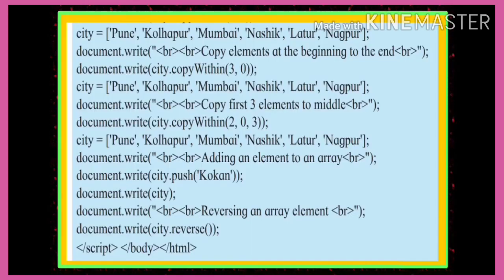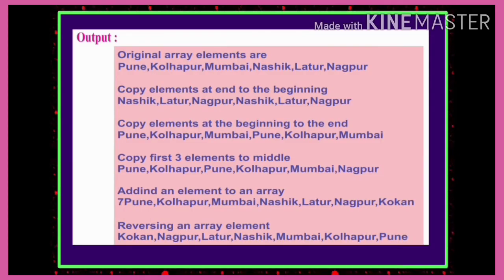Now we use the reverse method applied on the array ct. So write document.write ct.reverse, save the program, execute on the browser and see the output. Here, if you see, the list of reversed elements of the ct array is displayed.